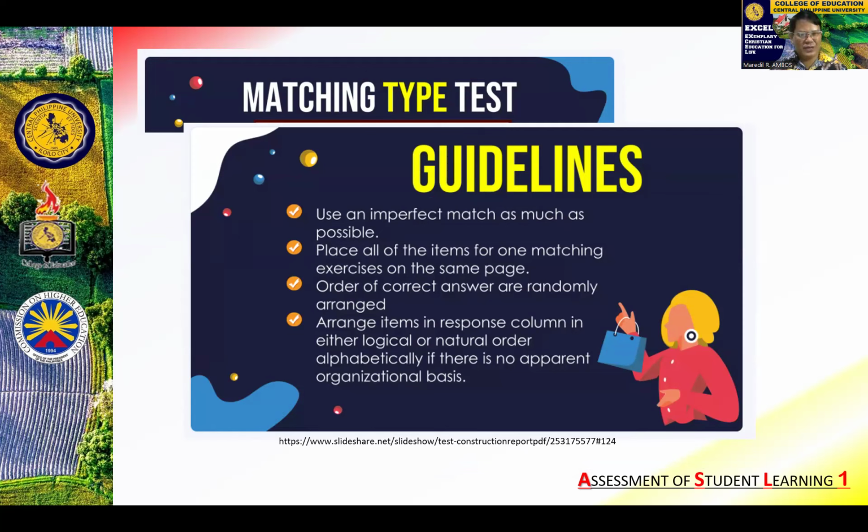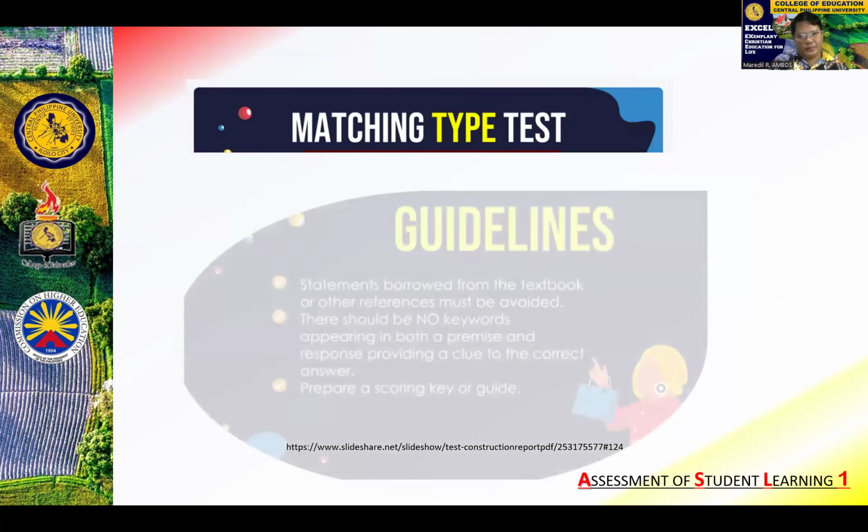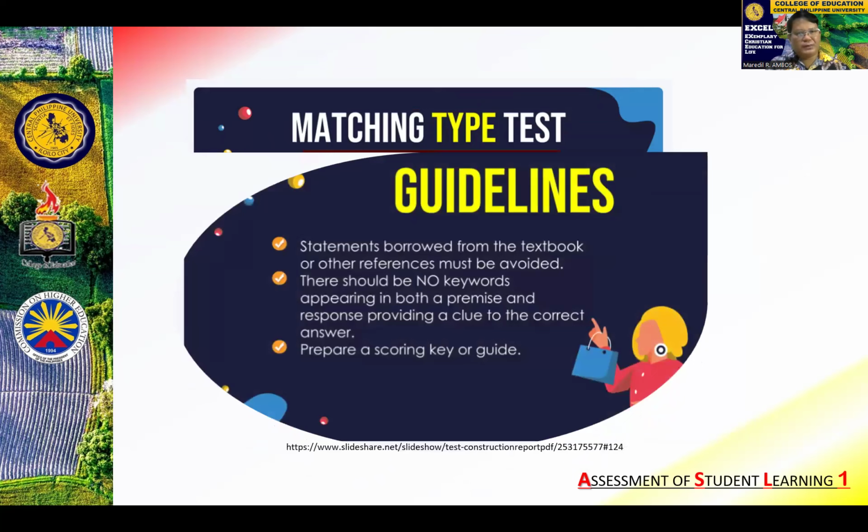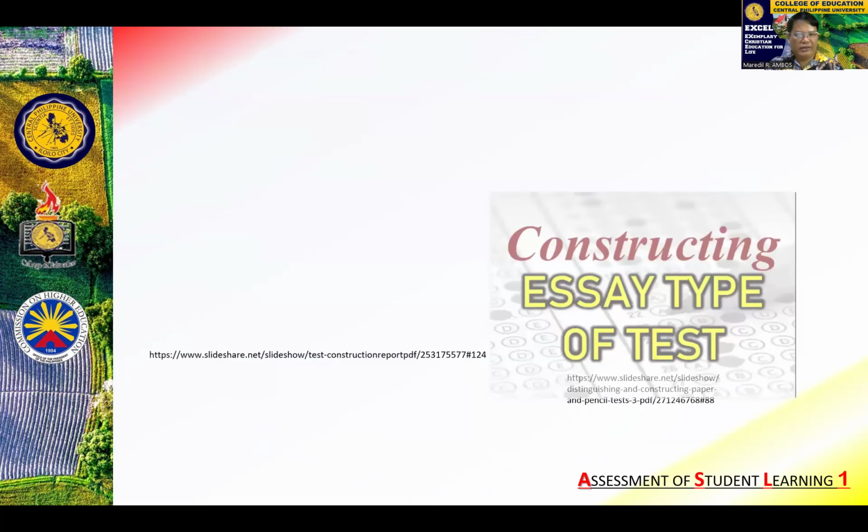Arrange items in the response column in either logical or natural order, alphabetically if there is no apparent organizational basis. Okay, then statements borrowed from textbooks or other references must be avoided. There should be no keywords appearing in both a premise and a response, providing a clue to the correct answer, and prepare a scoring key or guide.